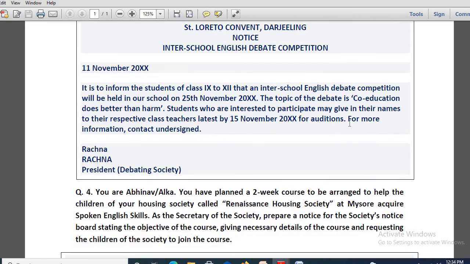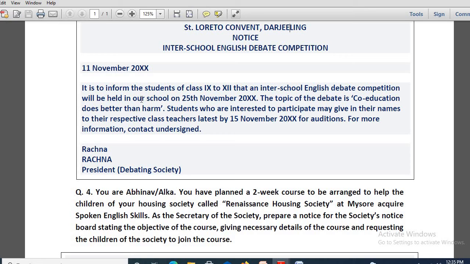Then obviously after that you have to write 11th November. Then you can specify the year in this way. Then you have to write: it is to inform the students of class 9 to 12 that an inter-school English debate competition will be held. You have to be very specific on what exactly you are writing.